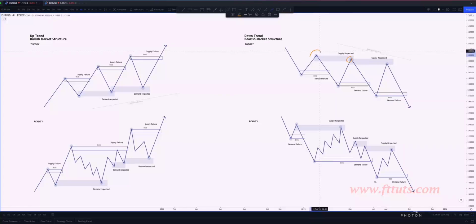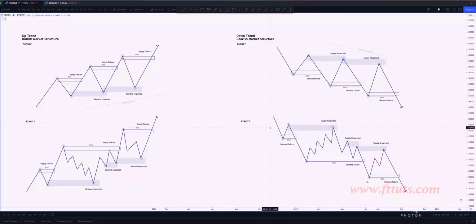We expect that high to hold, and we expect the next swing run to go to the downside and take out that weak low and any demand that may be there, because supply has been respected, supply is in control. That is what essentially shows the bearish order flow in the order book, and that's what is then translated into the price action, why we see lower highs and lower lows.